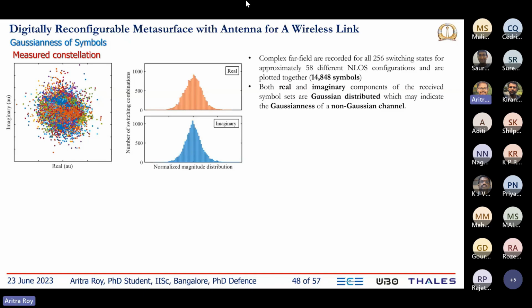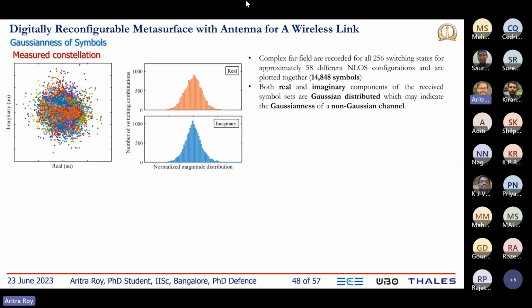The interesting thing is we have conducted experiments in a scattering environment, which is not Gaussian. But when we made a very big constellation and looked at the distribution of this constellation, we found it to be Gaussian. So it is as if, since we are using a very big constellation, a non-Gaussian channel is behaving like a Gaussian channel.